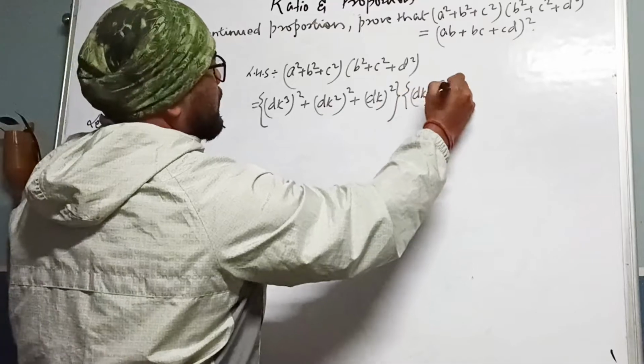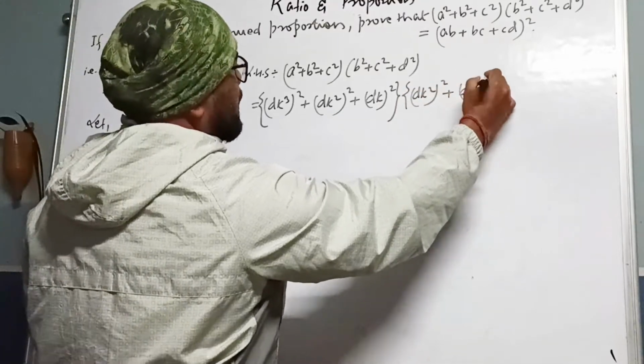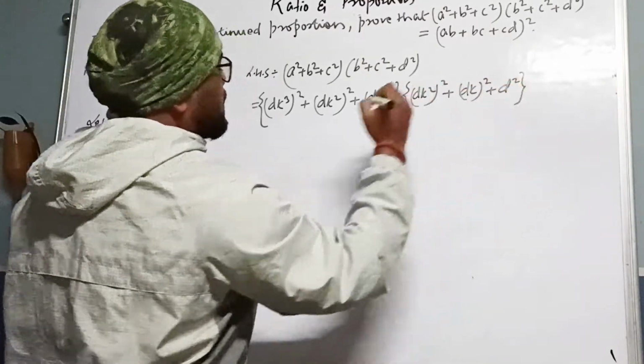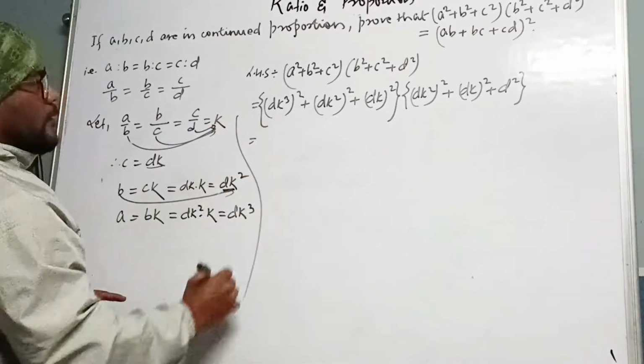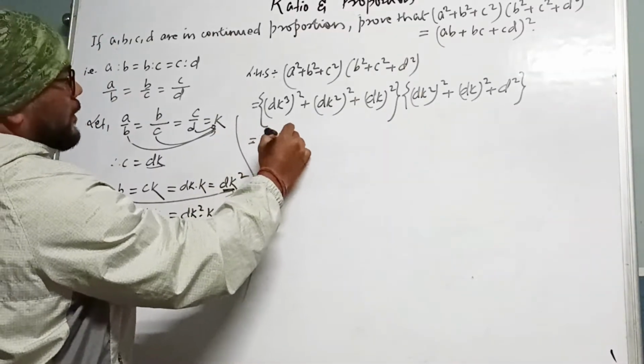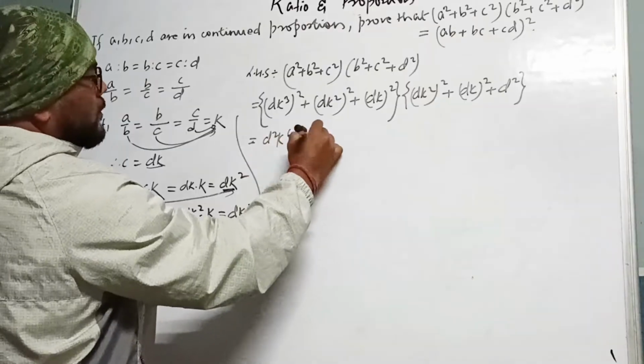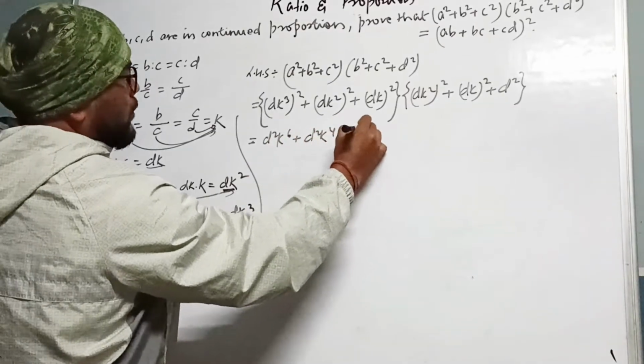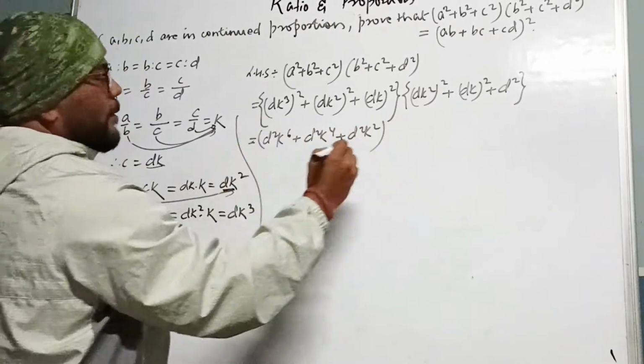So in the similar manner, we just replace the values of A, B, and C. Okay, students. So we get D square to the power 6, D square to the power 4, D square and K square.